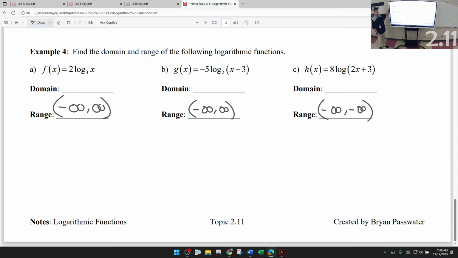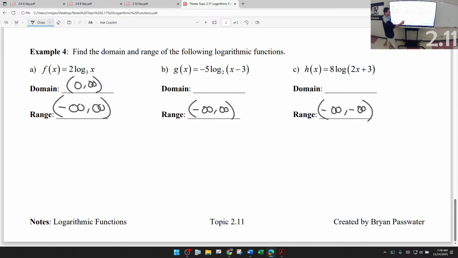Domain, this one goes from 0 to infinity. Most domains go from 0 to infinity. B does not go from 0 to infinity because that thing is shifted to the right 3 units.